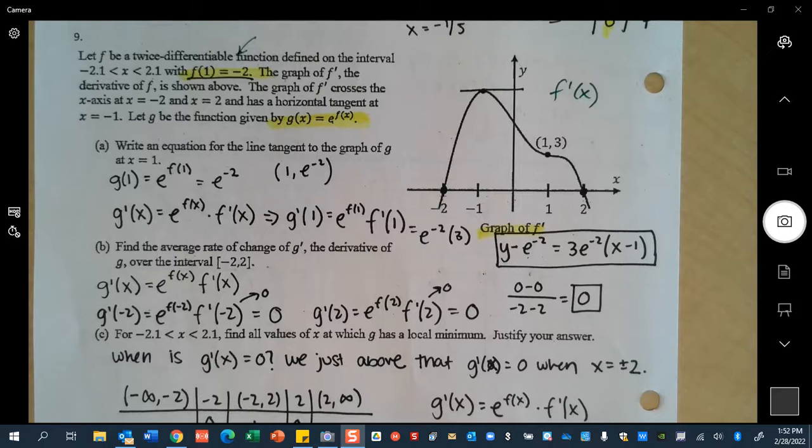So then when I write in that that's my slope, here my derivative is equal to this, the slope of my tangent line. And I use this input to write an equation using point slope form.